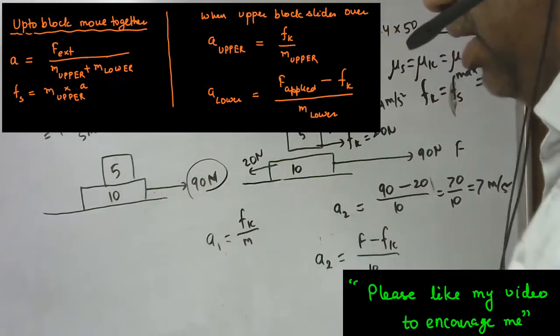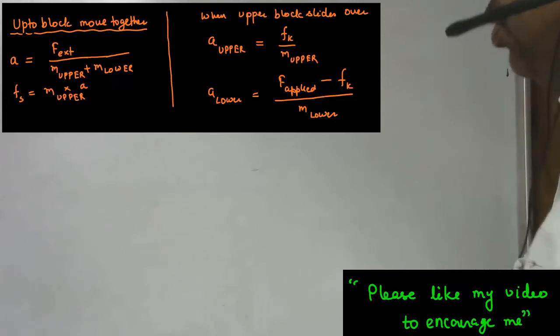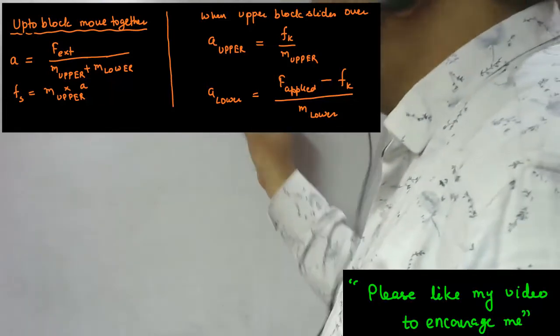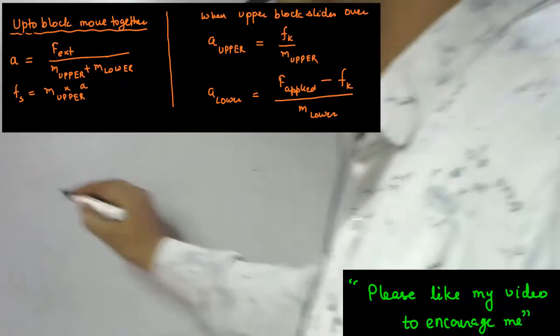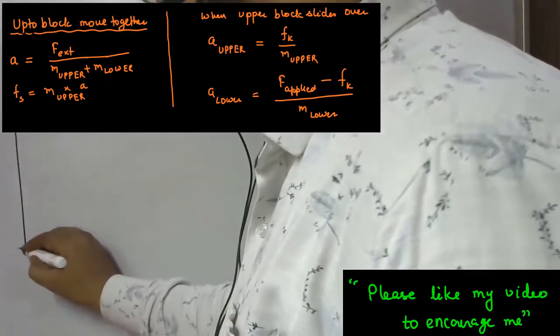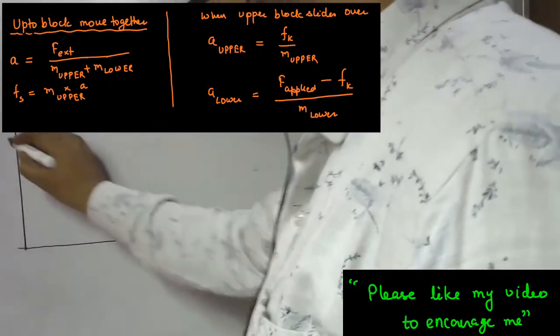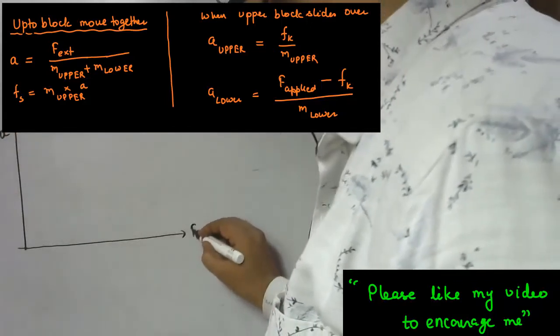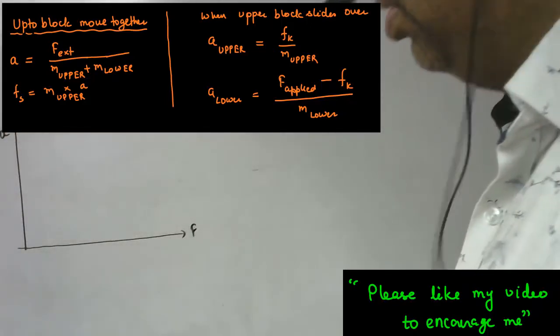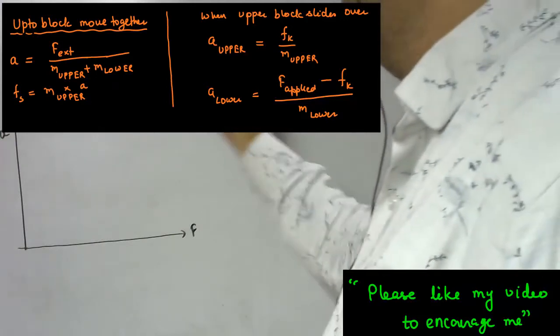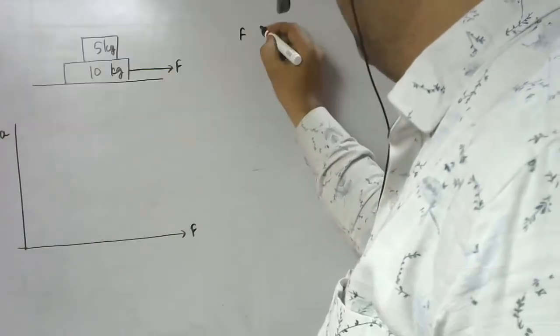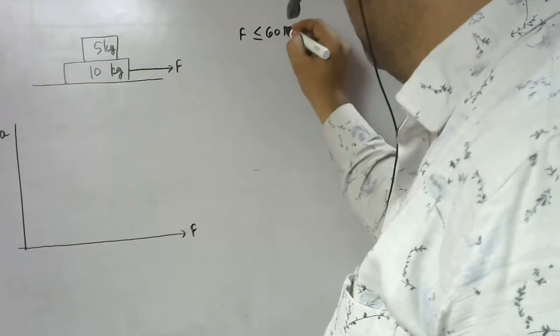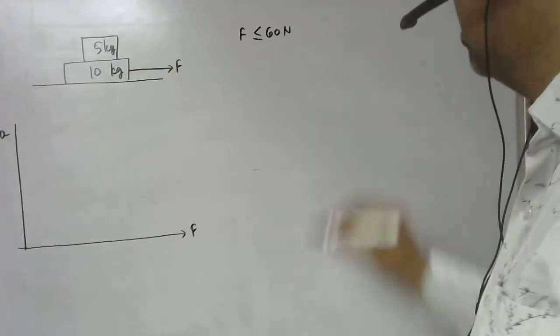Here it is 90. Now here I'm going to make a graph of acceleration versus force. As I told you, if force F is less than or equal to 60 Newton, both will have the same acceleration.